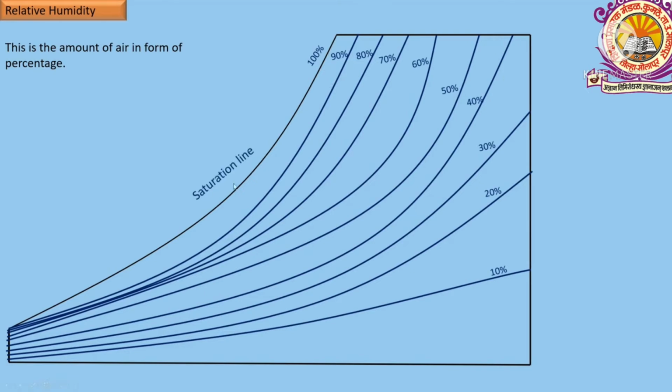The line with 100% relative humidity is known as what? The saturation line. The saturation line is the line where the relative humidity is 100%, and parallel to that are 90%, 80%, going on reducing. Okay.